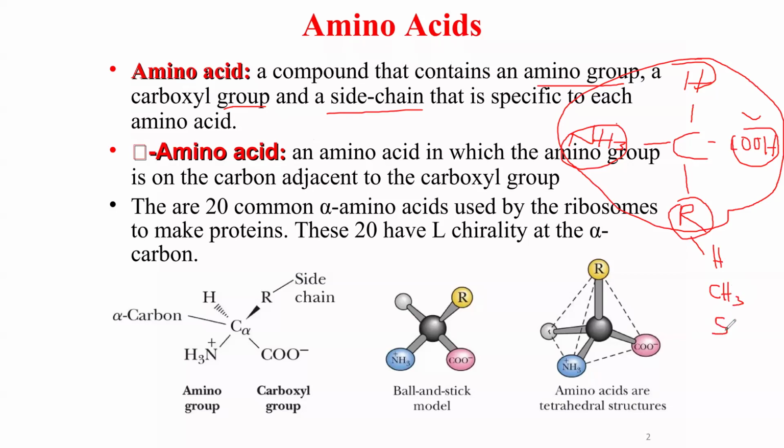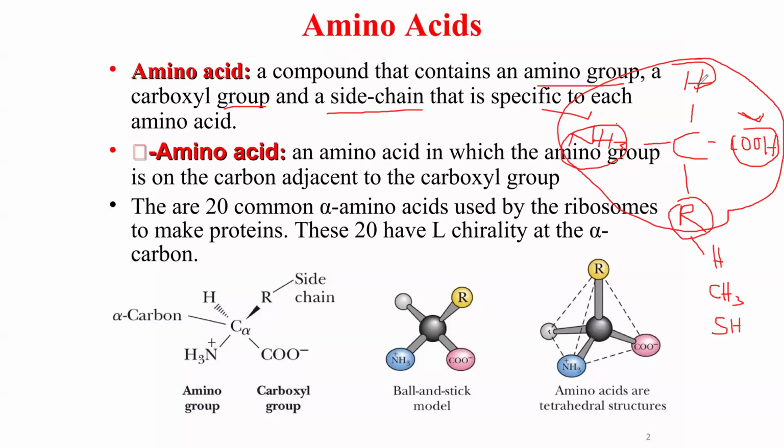Some have CH3, that is a methyl group. Some have a thiol group, that is an SH group. So each amino acid has its own specific R side chain. It's not the same for all the amino acids. But the amino group, carboxylic group, and hydrogen are present in all the amino acids. All amino acids contain a carboxylic group, amino group, free hydrogen, as well as the R side chain.